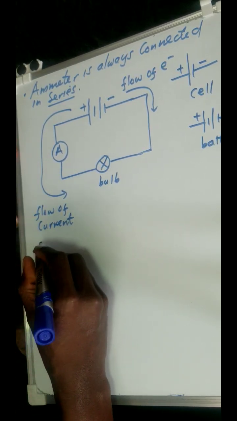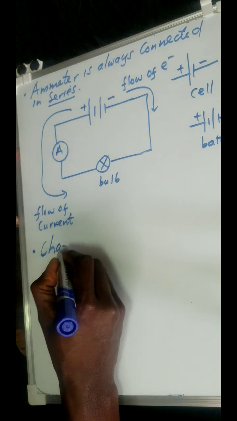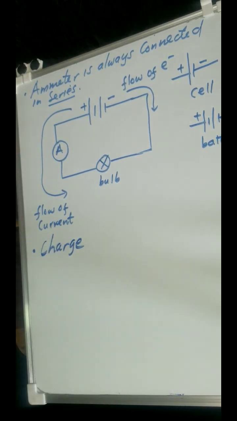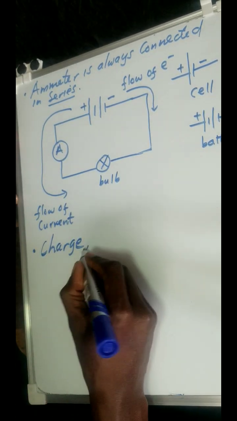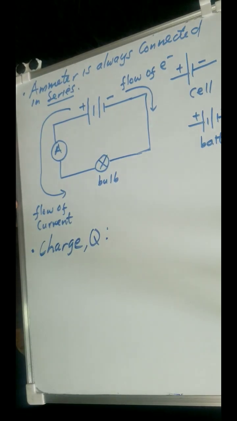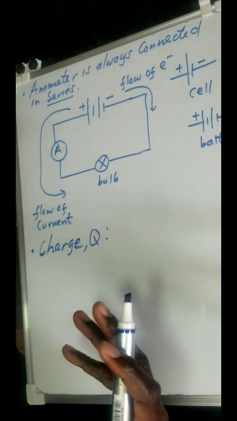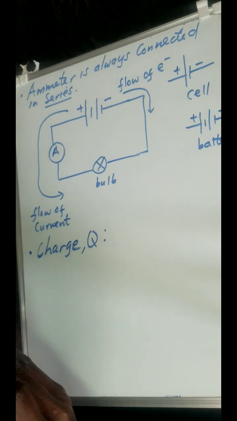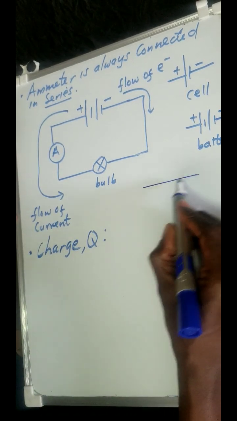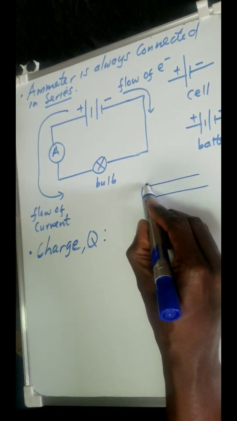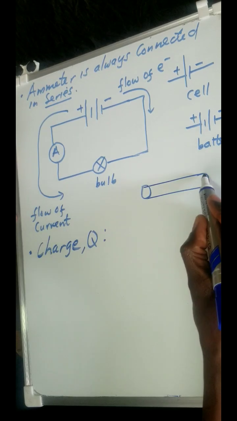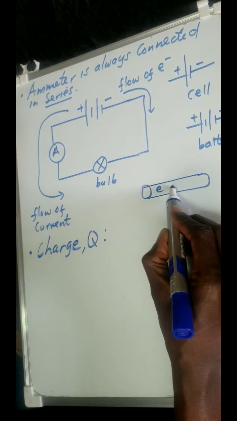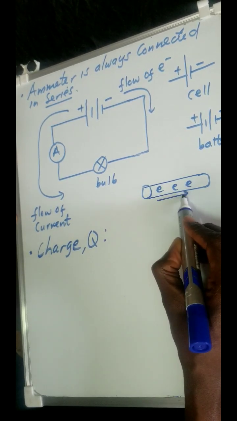Suppose you want to find charge. What are you going to do? Let's focus on what we call charge. What exactly is charge? Charge indicates the number of electrons passing a point in a unit time. For example, if I've got a conductor like a wire here, electrons are moving along this conductor.